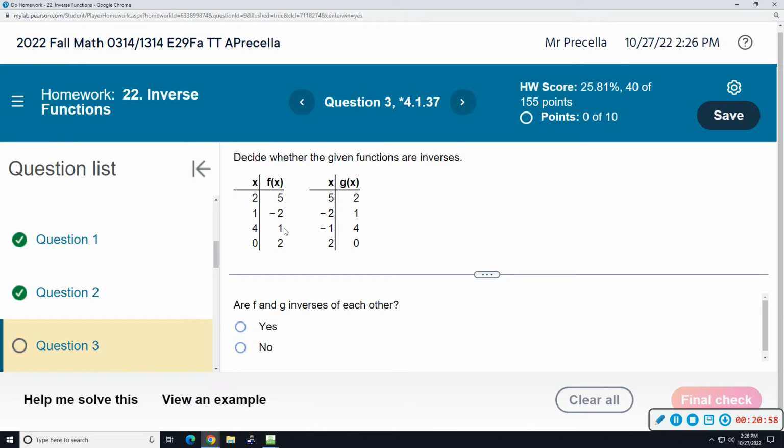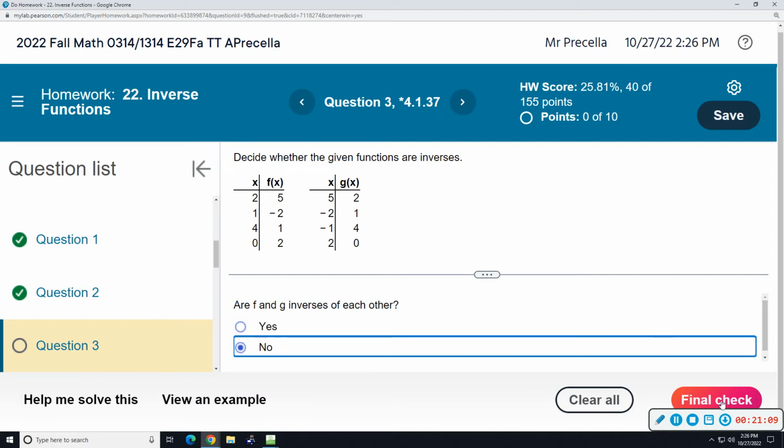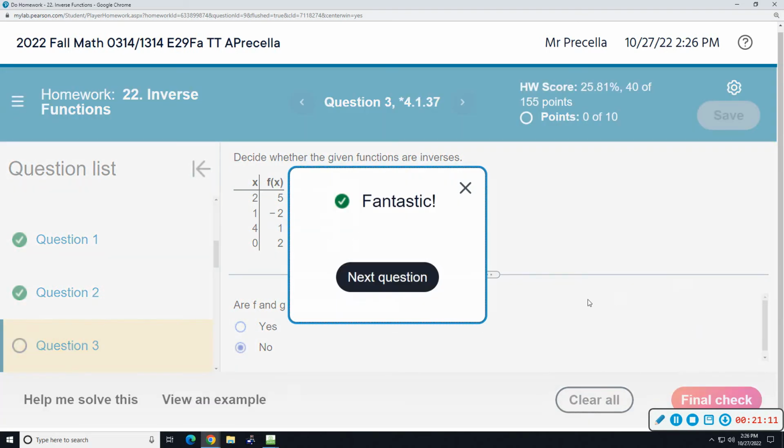But 4, 1, if it was going to be an inverse, it should be 1, 4, not negative 1. So pay attention. Watch closely.